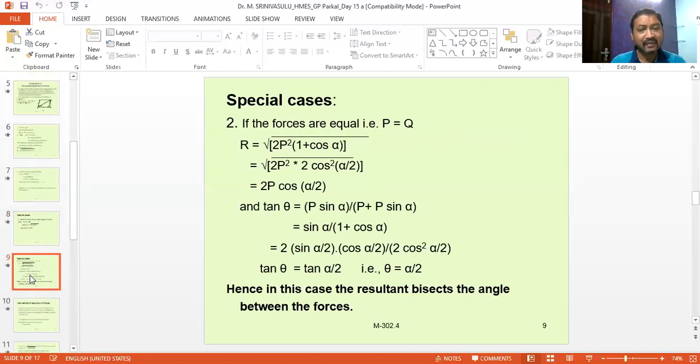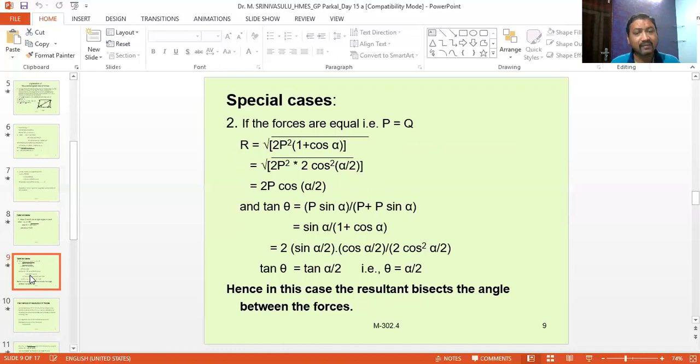Now the second special case is if the forces are equal. That means the magnitudes of both forces are equal, that is P is equal to Q or Q is equal to P. Now what happens, we'll see.